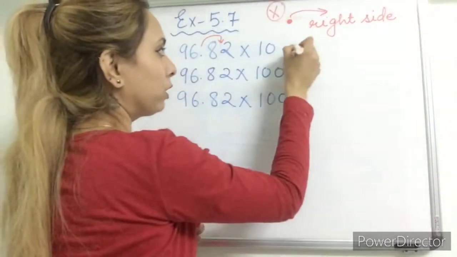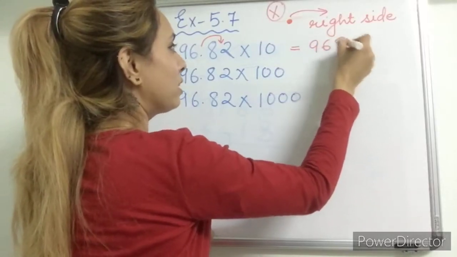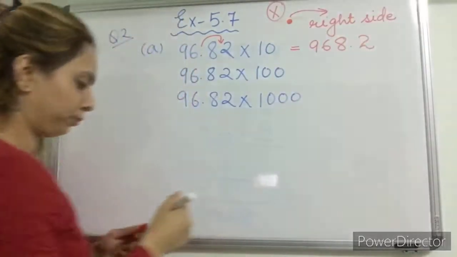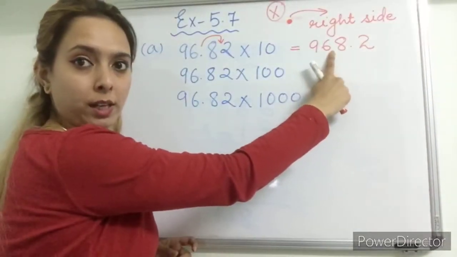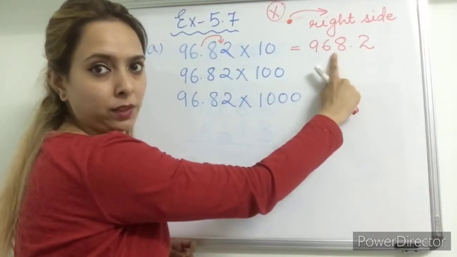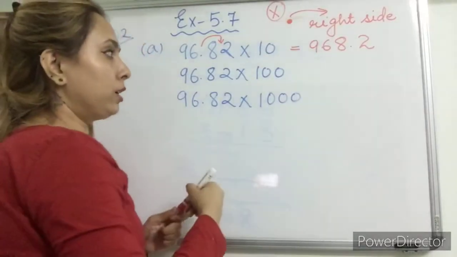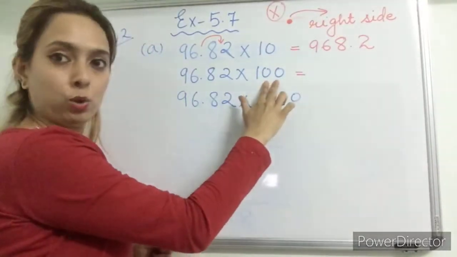So the answer for this will be 968.2. In the question the point was here, and now in the answer the point is after 8. It has shifted after one number. Now here we have 2 zeros in 100.